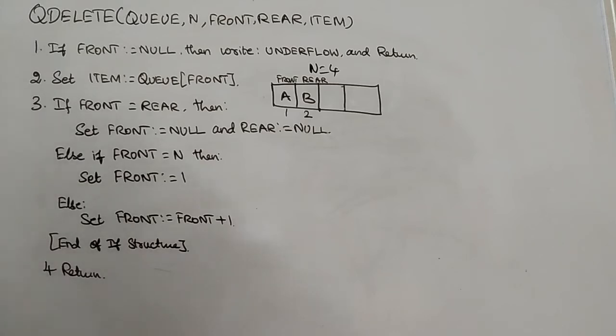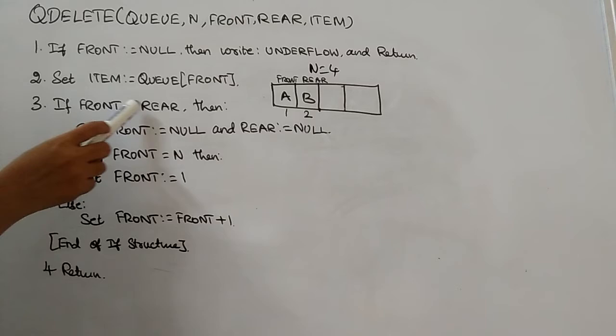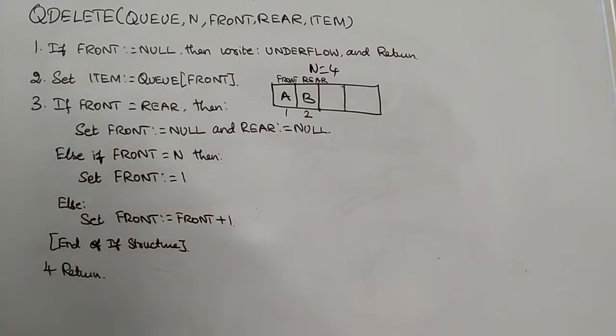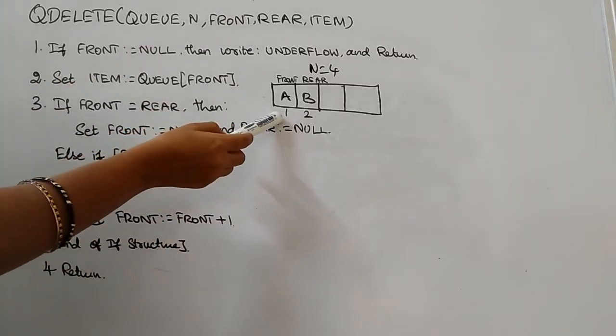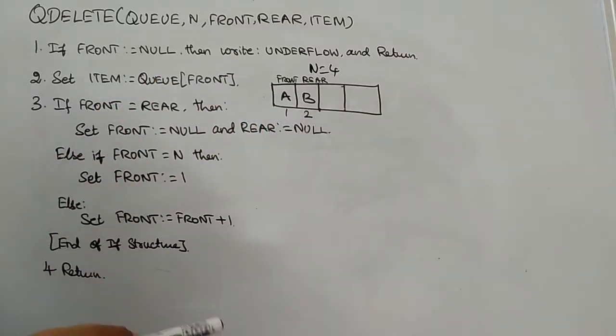And then we check whether front equal to rear or not. But what's the condition here? Front is not equal to rear. So the condition fails. That's why program control comes to the else if.